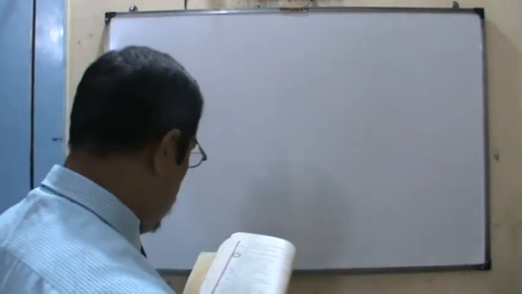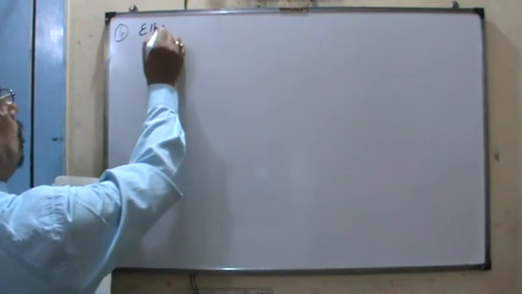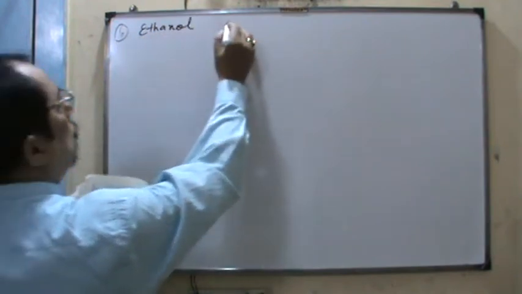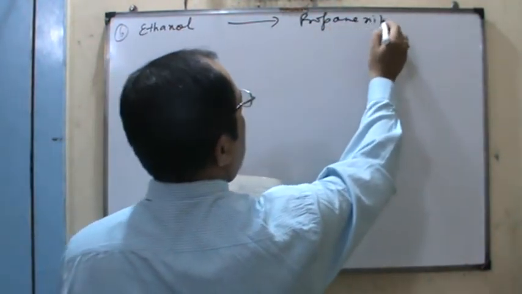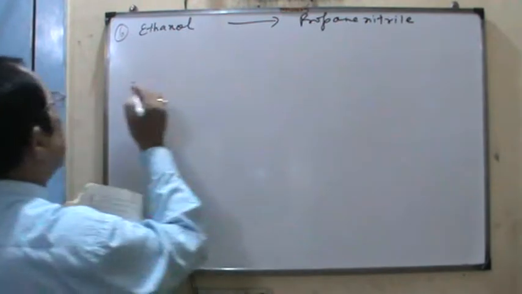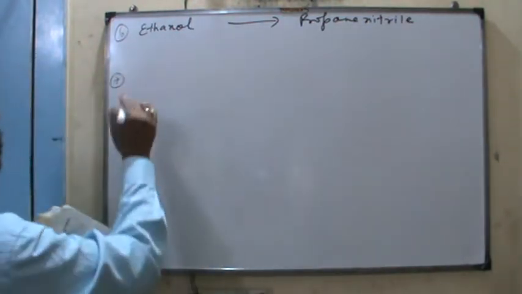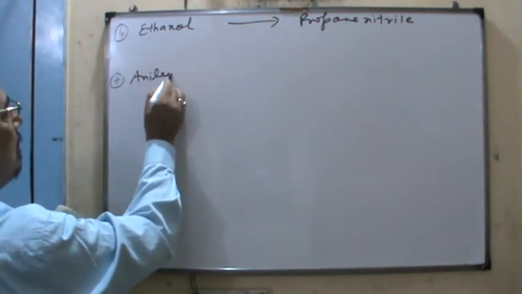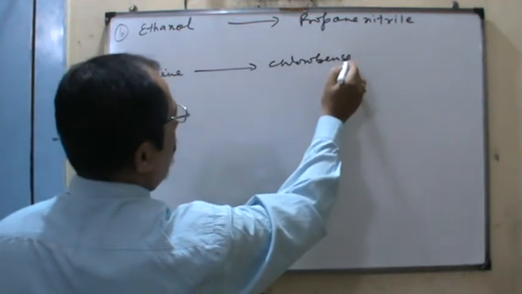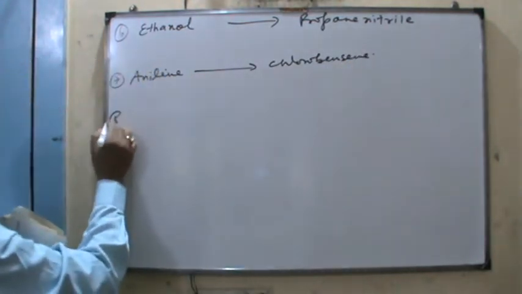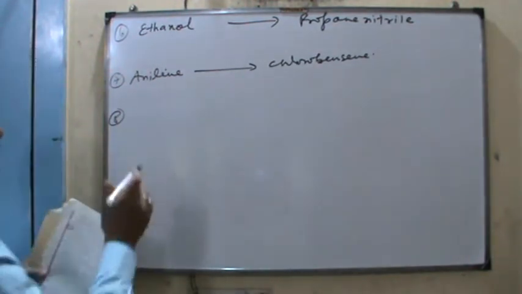Next question is ethanol to propane nitrile. Next is aniline to chlorobenzene. 2-chlorobutane to 3,4-dimethylhexane.